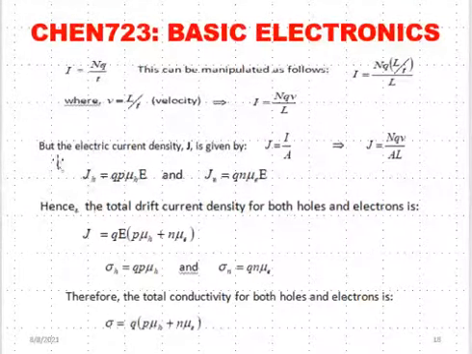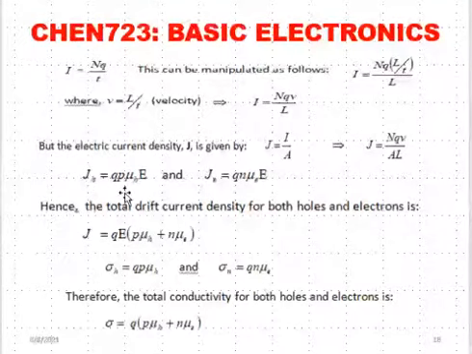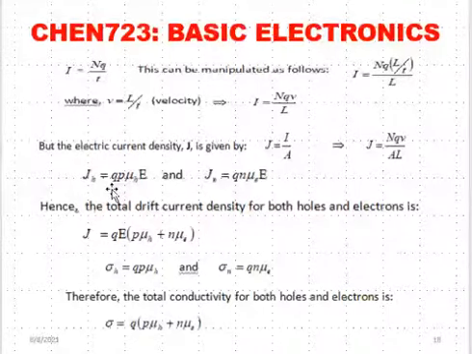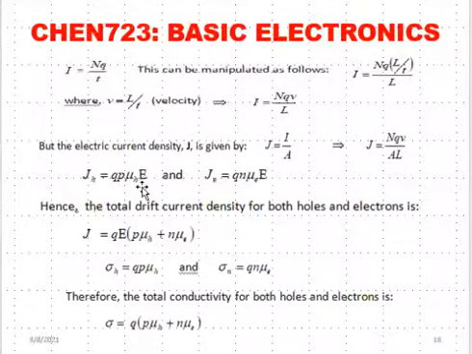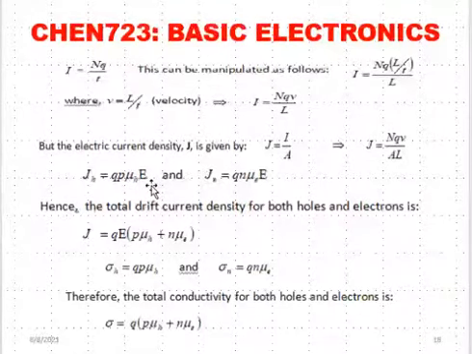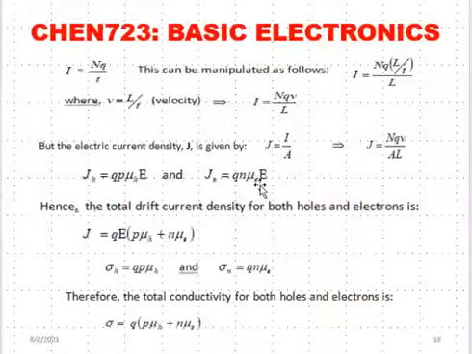The value of this current density for the movement of holes is given by this formula, Q P mu_h E, where Q is the charge of an electron, 1.6 times 10^-19, P is the number of holes, mu_h is the mobility of the holes, and E is the electric field intensity.